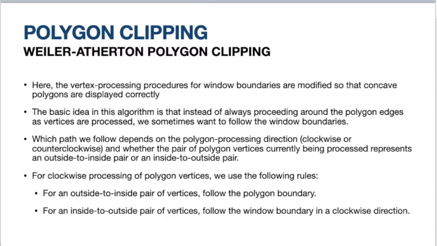For an outside to inside pair of vertices, follow the polygon boundary, and for an inside to outside pair of vertices, you follow the window boundary in the clockwise direction. That is how you process a polygon in the case of clockwise processing.